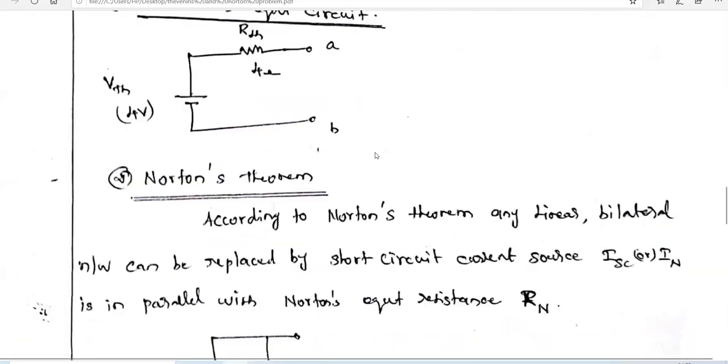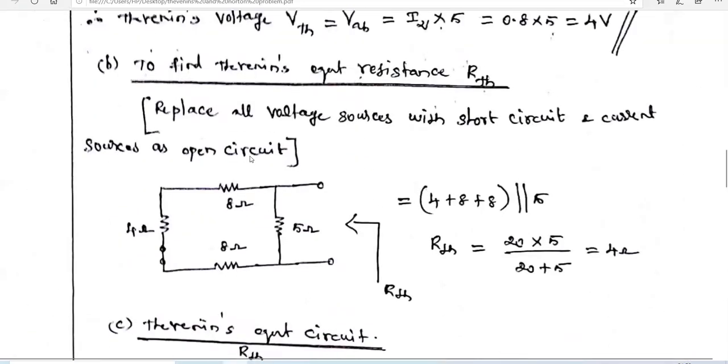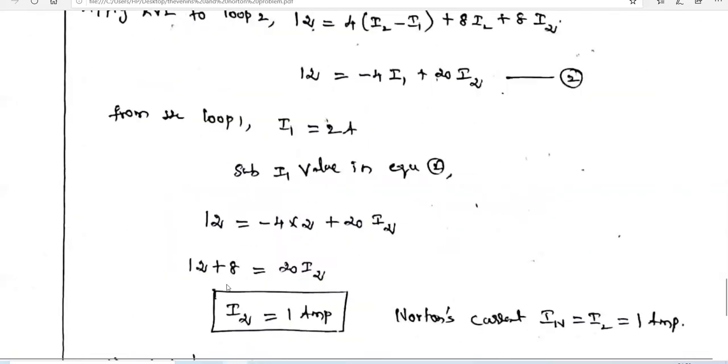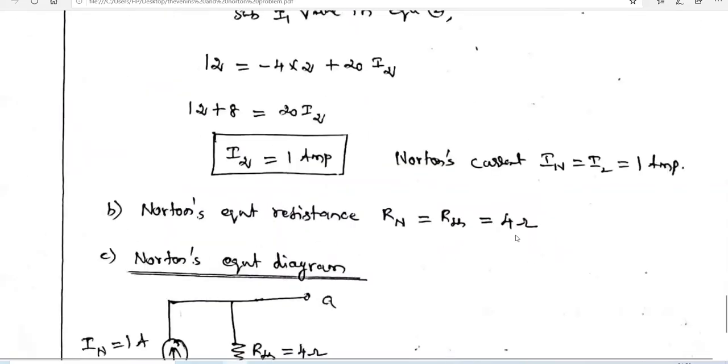Thevenin's equivalent resistance and Norton's equivalent resistance are both the same. So we will get the diagram like this. These three resistances are connected in series, which is connected in parallel with this 5 ohm. So what is the value of RTH? 4 ohms. The RTH value is nothing but the RN value of 4 ohms.